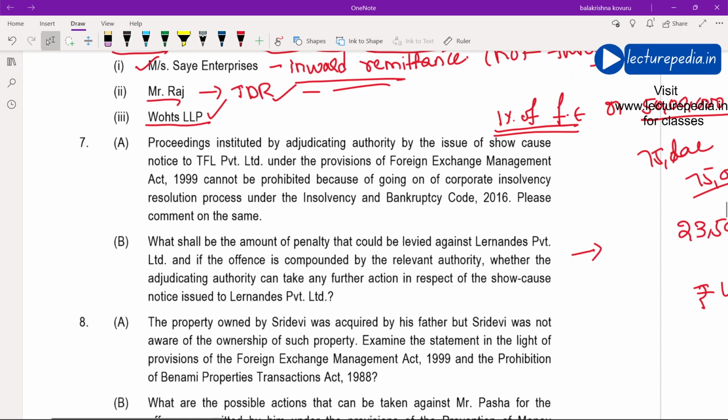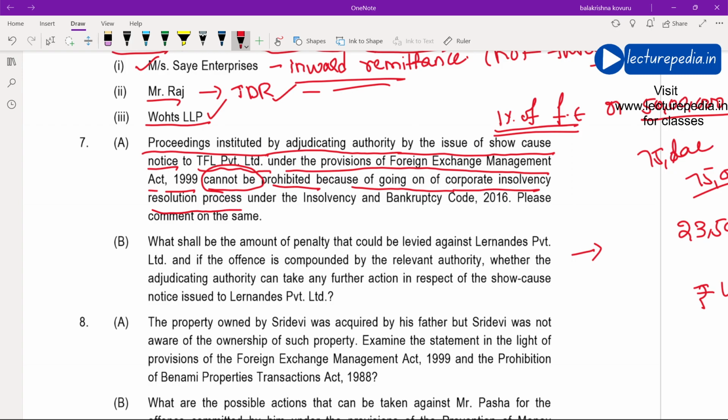Next, proceedings instituted by the adjudicating authority by issue of show cause notice to TFL Private Limited under the provisions of the Foreign Exchange Management Act 1999 cannot be prohibited because of the going on of a corporate insolvency resolution process under the Insolvency and Bankruptcy Code 2016. Please comment on the same.